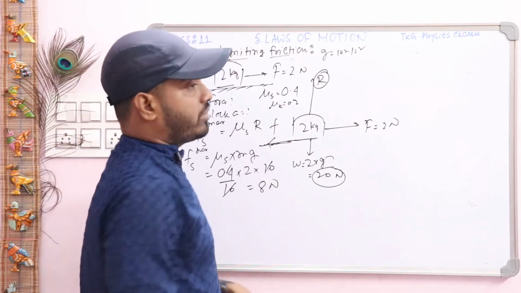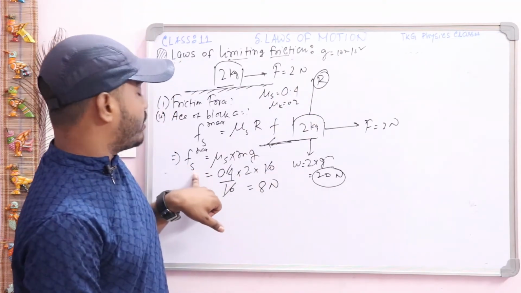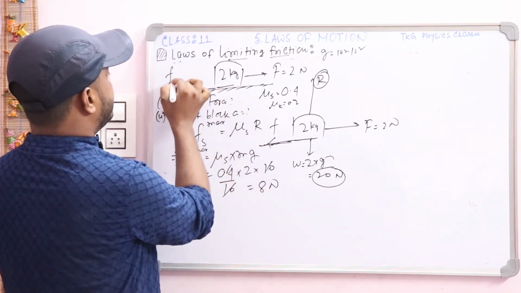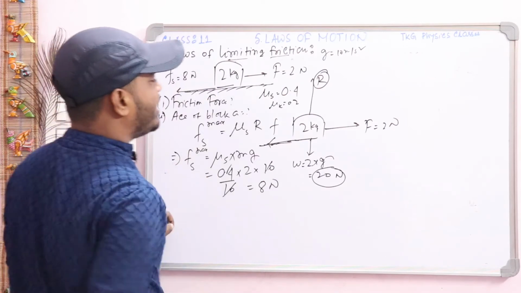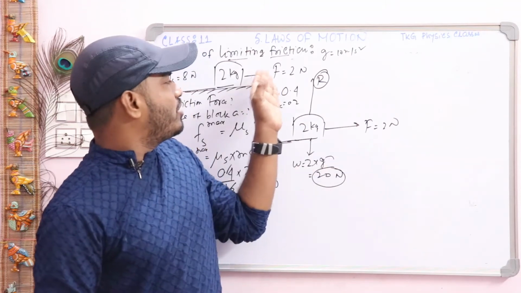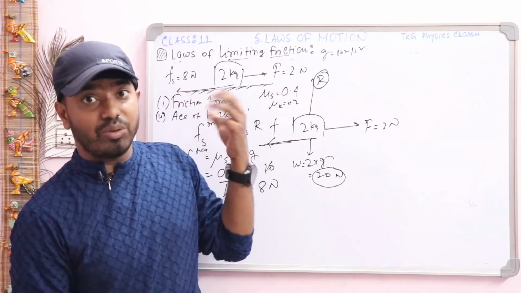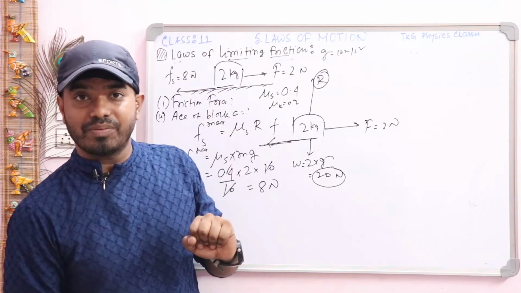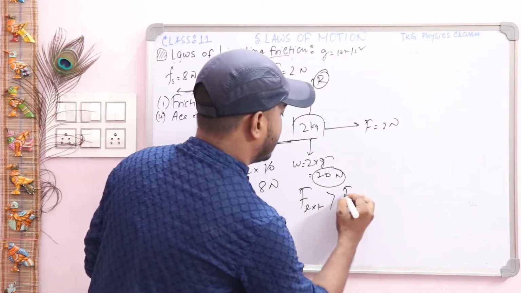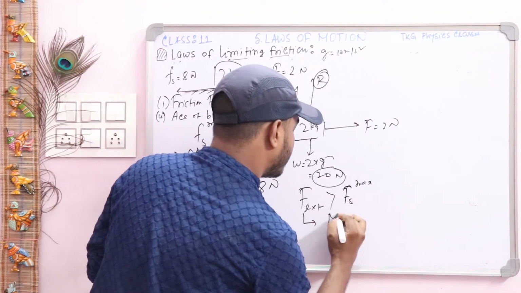Now you observe, this is important. The external force is 2 Newton, but the maximum limiting frictional force is 8 Newton. Is it possible that the frictional force Fs is 8 Newton? Yes or no? The external force applied is 2 Newton along the x-axis, and the frictional force is directed in the opposite direction, and it would be more than the external force. If the external force is greater than Fs max, that is the condition where the body is in motion.